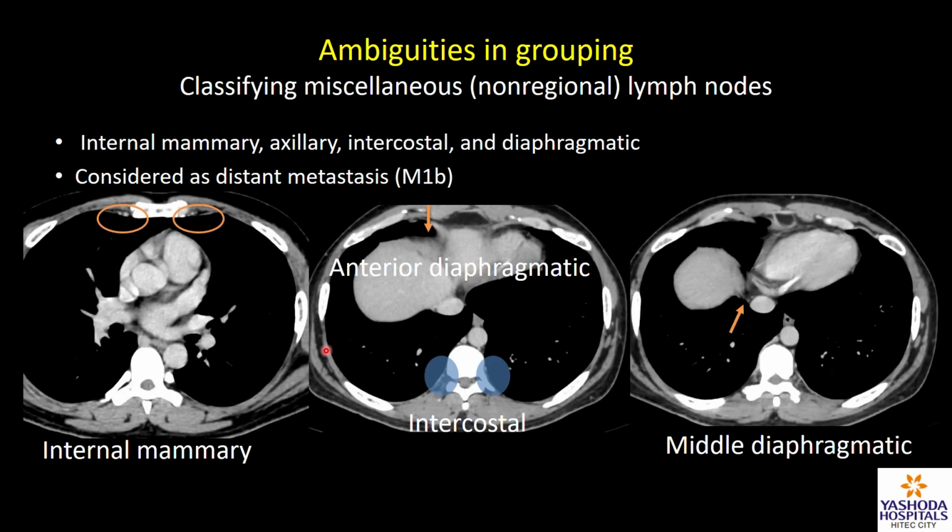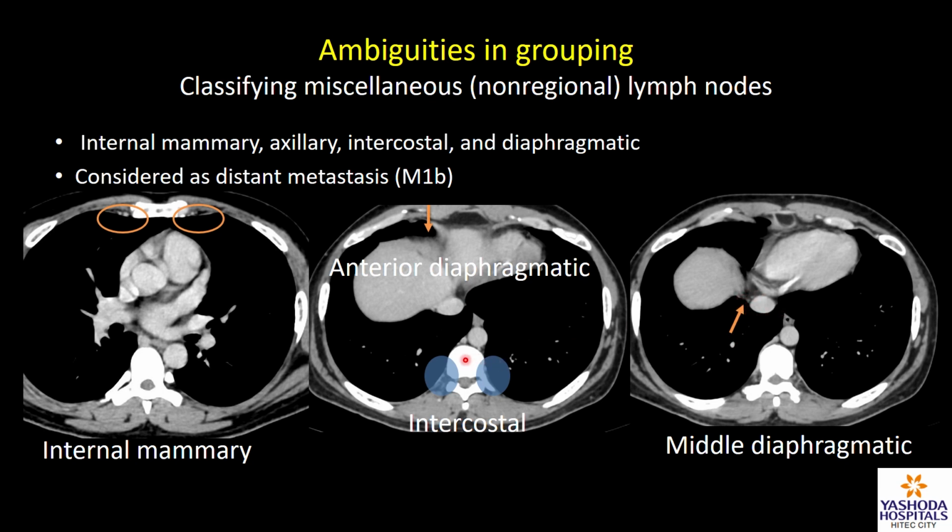Now, there are also other nodes which have not been mentioned in the IASLC or other groups, the miscellaneous groups. So we have internal mammary lymph nodes, which are adjacent to the internal mammary artery and vessels, veins here. There could also be nodes in the diaphragm along the anterior diaphragmatic group at the level of the cardiophrenic angle, and the middle diaphragmatic group adjacent to the inferior vena cava.